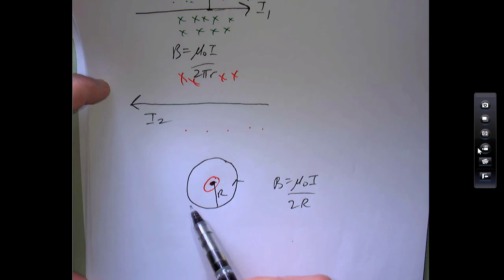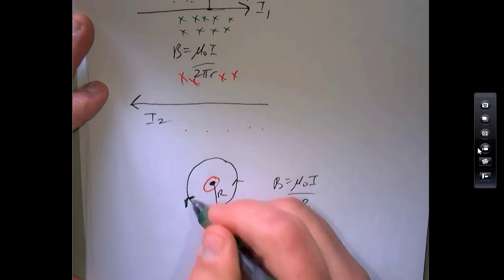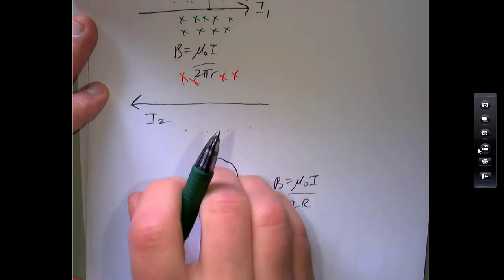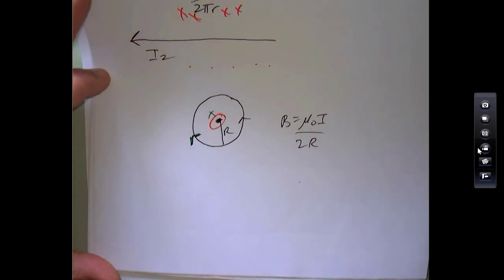Now if current were going the other direction, if current were going that way, maybe I'll make this one green. Inside the loop, if my thumb is direction of the current, magnetic field would be into the page there. The final scenario we had was a solenoid.